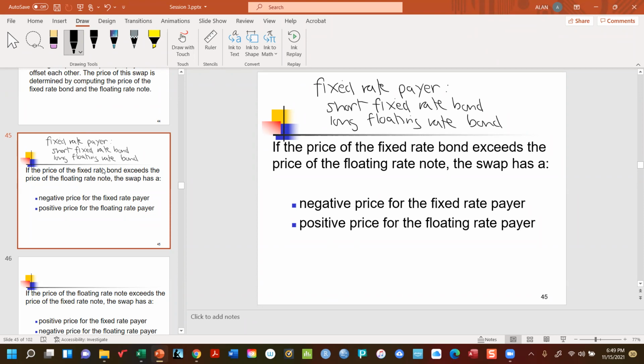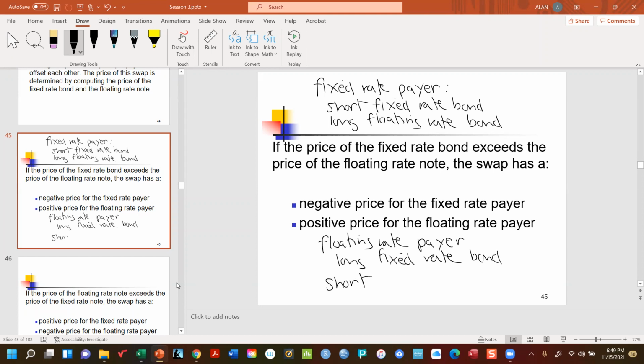Now we can do the same thing with the floating rate payer. Everything here is reversed. The floating rate payer is long the fixed rate bond, meaning they own it, and they're short the floating rate bond.